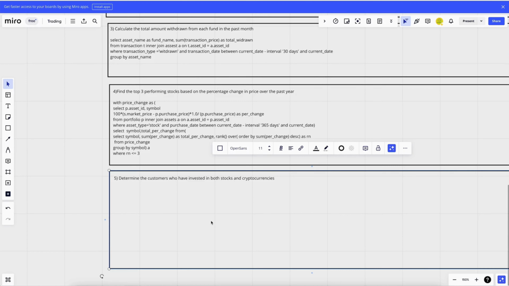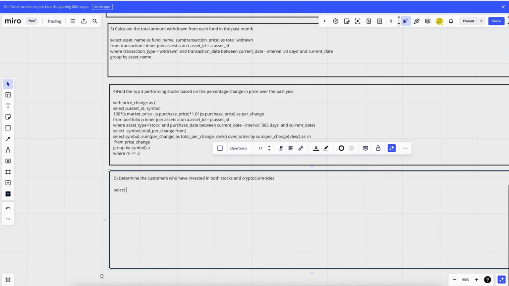So this should be just on the asset table here, and we need to find the customers or the users. So we need to join even with the users table. And the asset type should be both stock and cryptocurrencies, and the users who have bought both. So we can have a condition on the count of asset type being equal to 2. That should give us the result here.